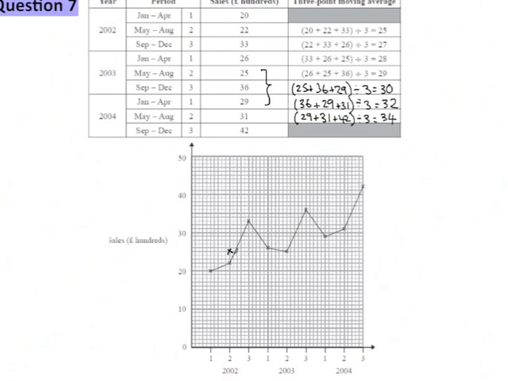Then we'll be plotting 3 and 27. 1 and 28. 2 and 29. 3 and 30. 1 and 32. 2 and 34.